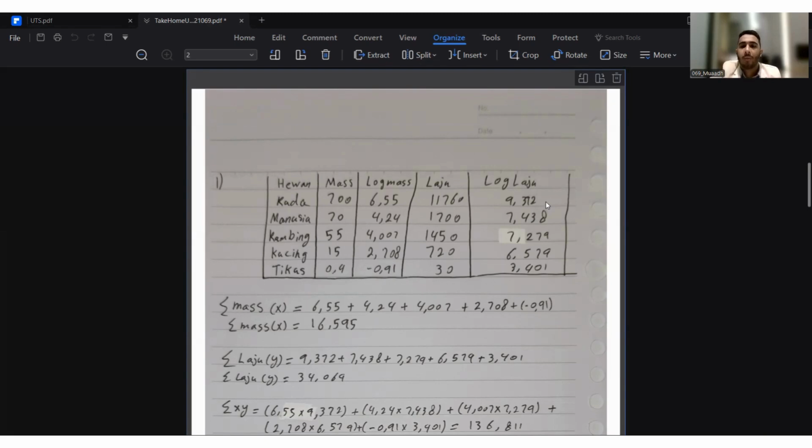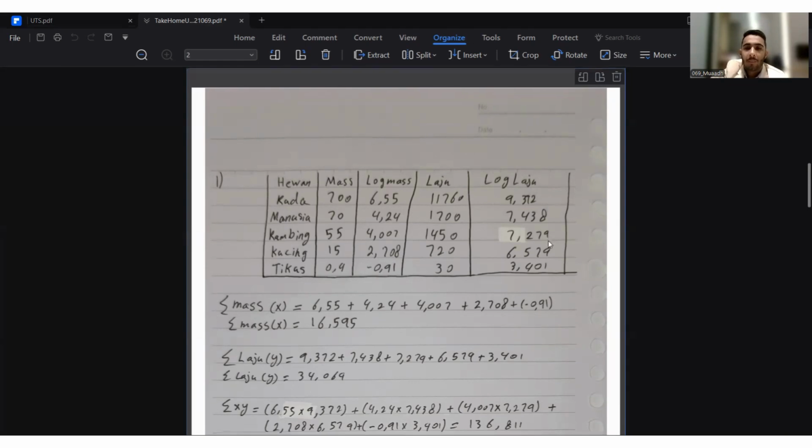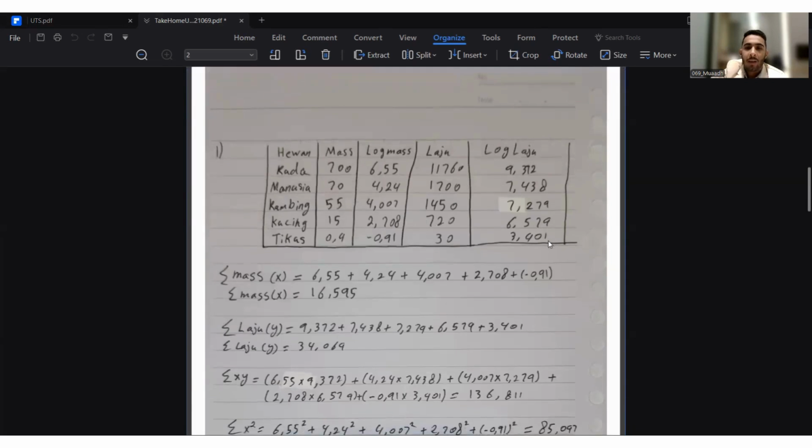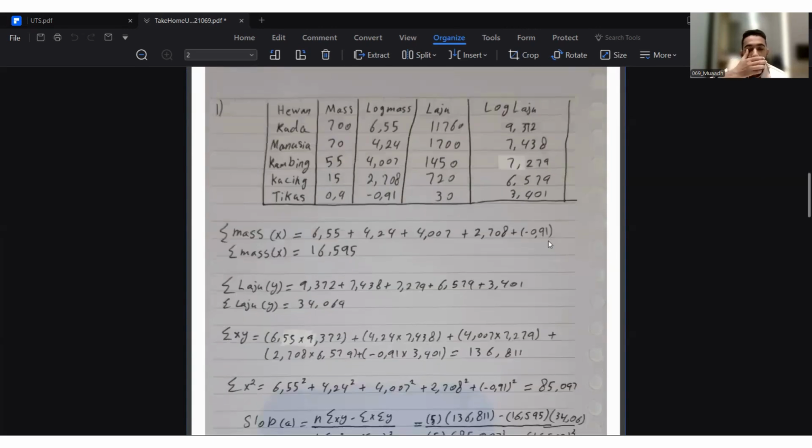For the natural log of the metabolism rate, we have 9.372, 7.438, 7.2979, 6.579, and 3.401. Assuming the mass is on the x-axis and the rate on the y-axis, we establish that the mass is x.